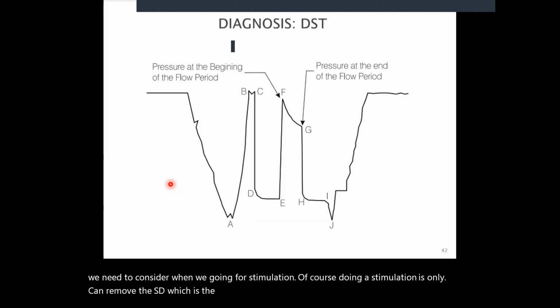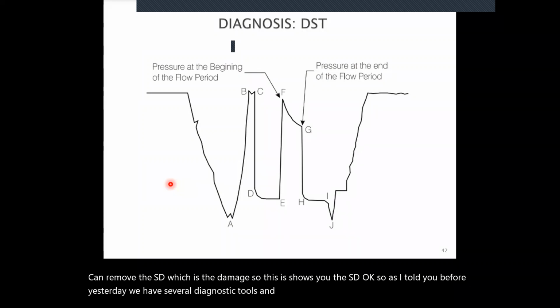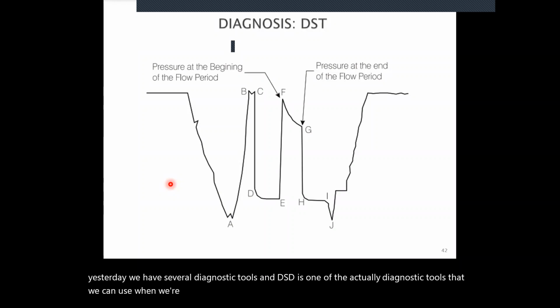So this shows you a DST. As I told you before, yesterday, we have several diagnostic tools, and DST is one of the diagnostic tools that we can use when we're drilling a well. The characteristics that identify the damage in this curve are a short radius curve in the CDE situation.